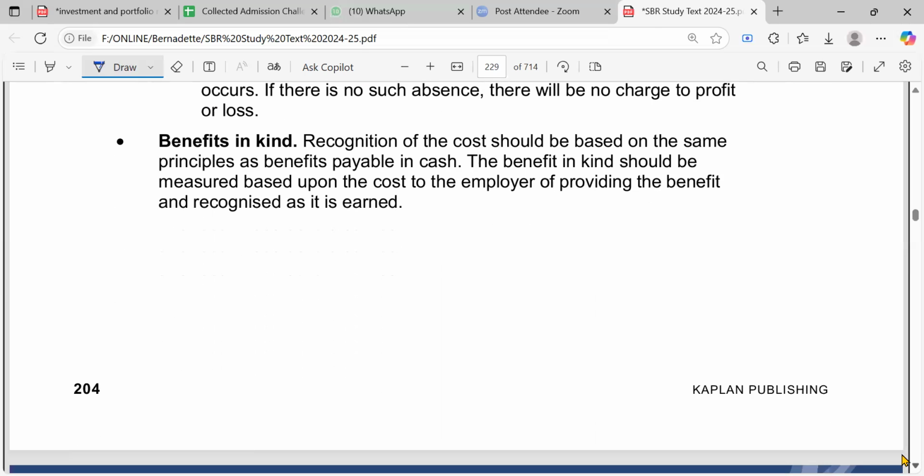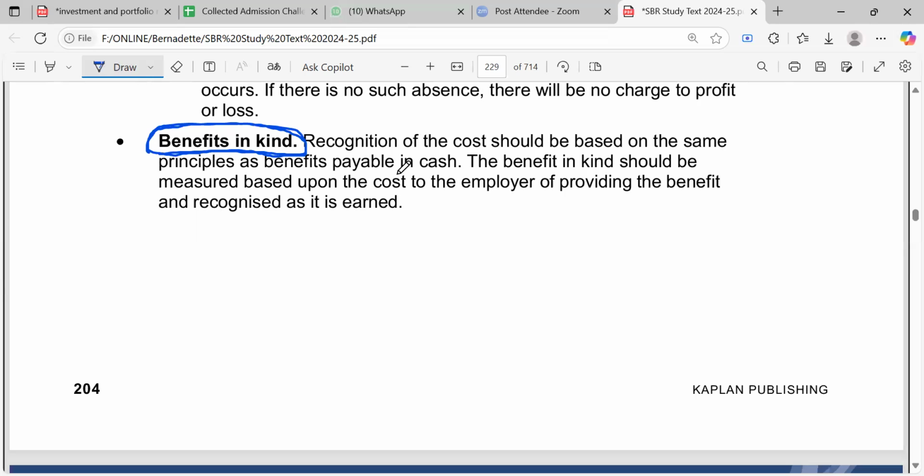Okay, we have something called benefits in kind. You know about benefits in kind. You don't have the cash with you, but you have something that, if not provided, you would have had to incur the expense to have it. So we say it's a benefit in kind.